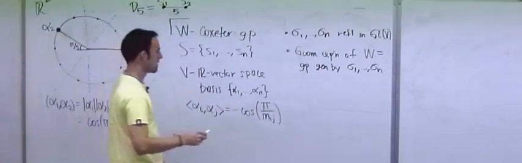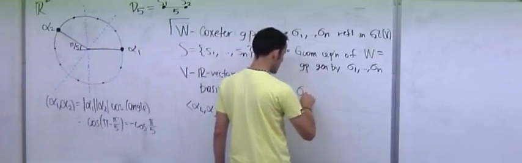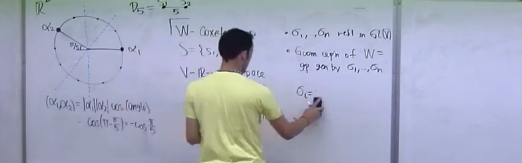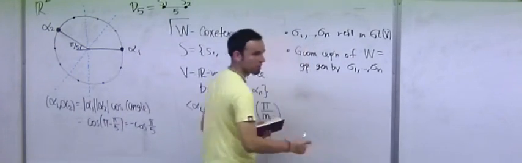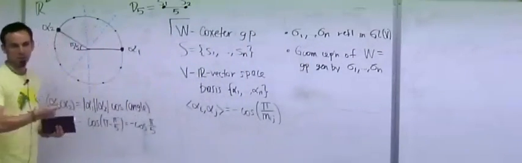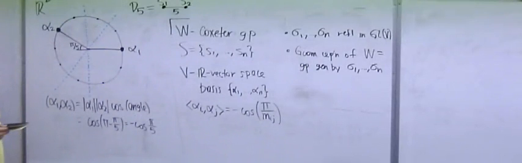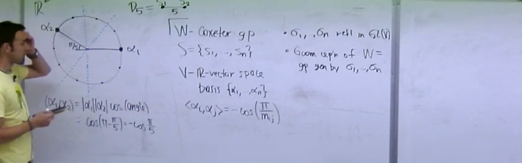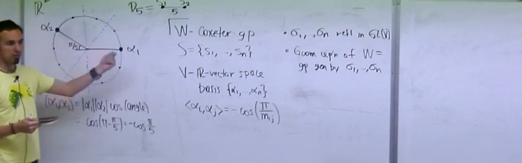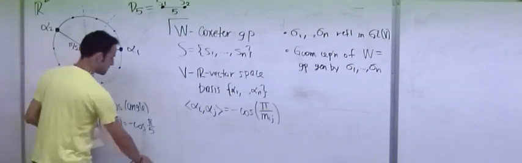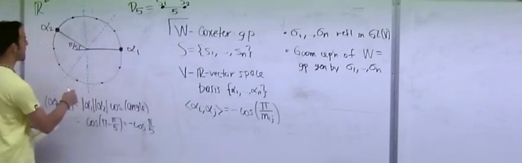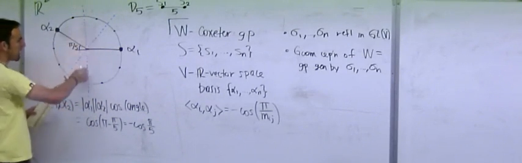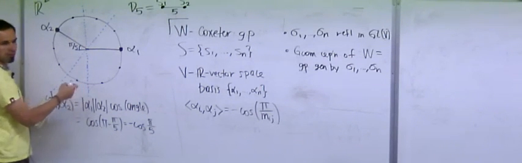Now in general, sigma i is defined to be this operation. Well, it's given by that formula, right? v minus 2 times the inner product of v and alpha i times alpha i. But I told you that if this actually was Euclidean geometry, then you can just think of this as reflection. Okay? And so in this picture, sigma 1 and sigma 2 are just going to be reflection across the lines orthogonal to alpha 1 and alpha 2.